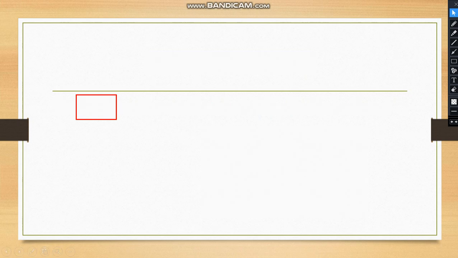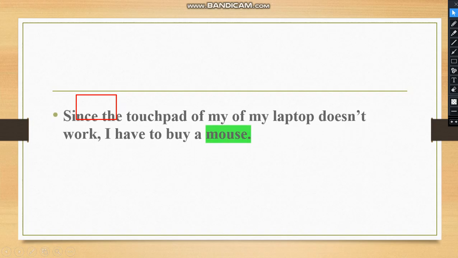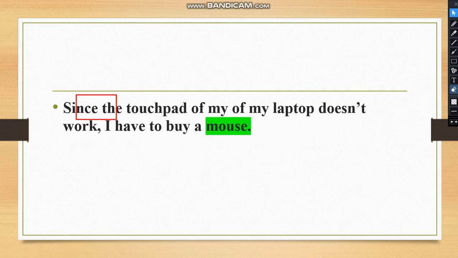Now consider the second example. Since the touchpad of my laptop doesn't work, I have to buy a mouse. So the question is, does the mouse refer to an animal? No, the mouse doesn't refer to an animal here. However, it refers to something else. That means now there is a connotation change. So what does it refer to?